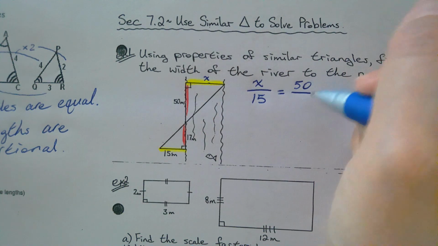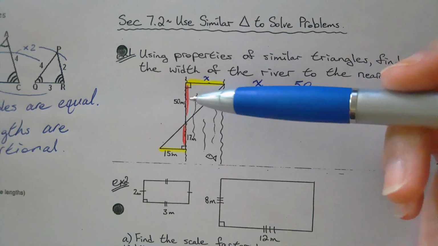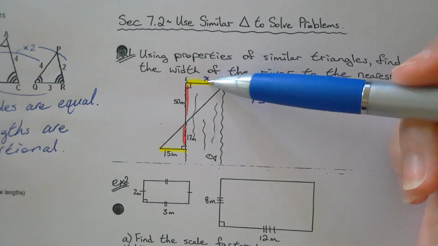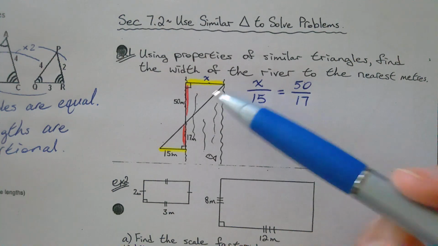50 over 17. Why is it not 17 over 50? The 15 and 17 are the same triangle, so they both go on the same side of the division. Right, so I started with this triangle, I start with this triangle.